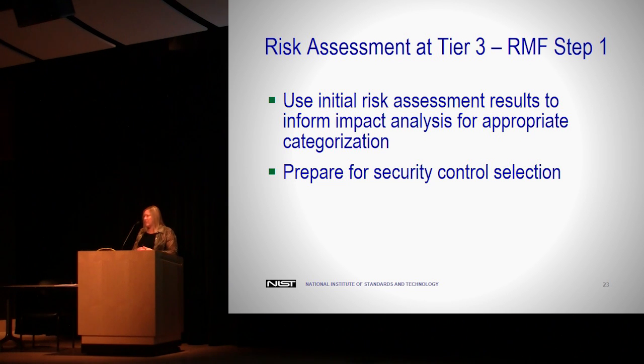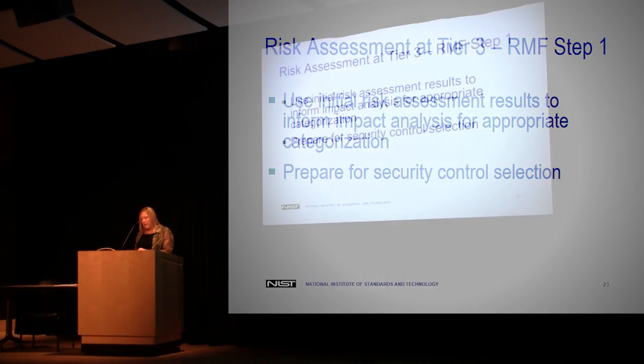What is the impact of it, both from the standpoint of confidentiality, integrity, and availability, and the risk assessment's results might help you determine what those impacts are. And then that will help you, again, prepare for your security control selection, because now you know what my impacts are, what risks might be associated there, and so what controls can I use to mitigate that when we select.